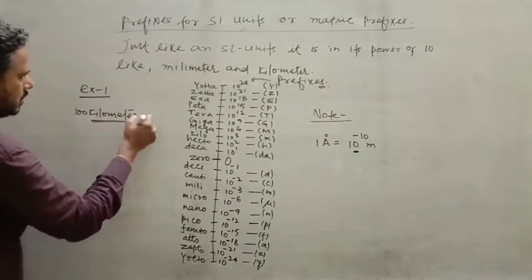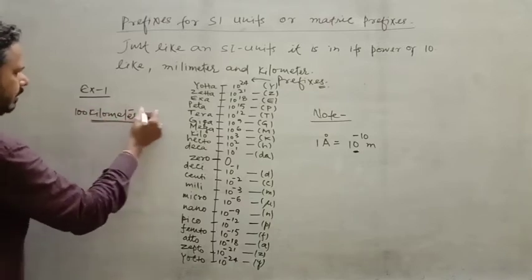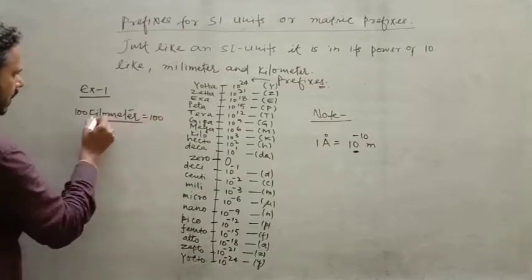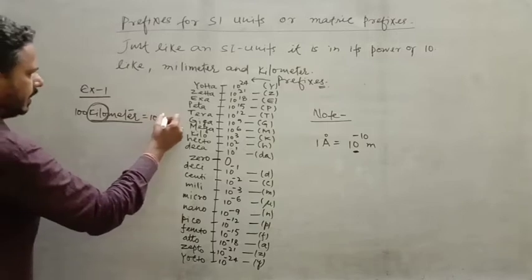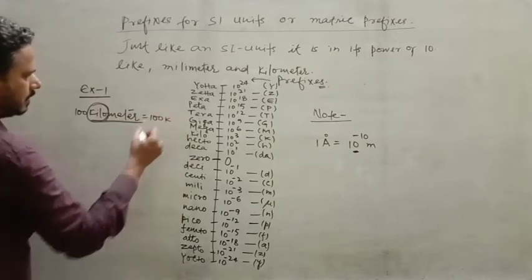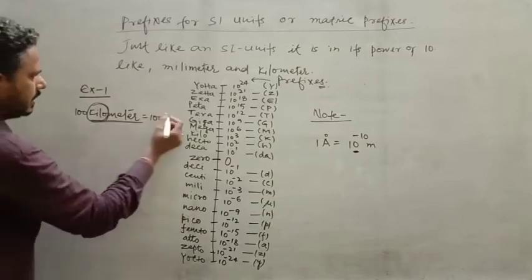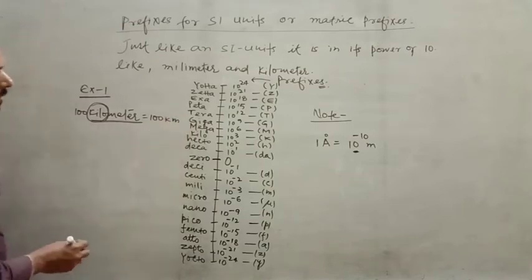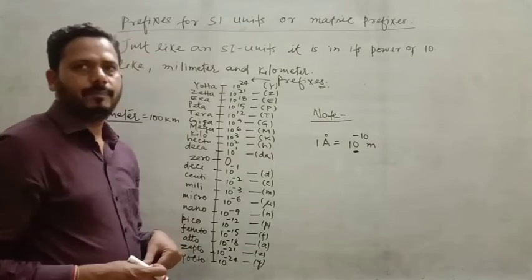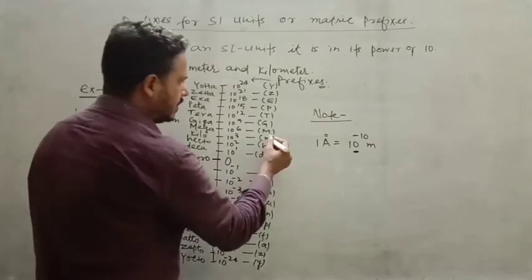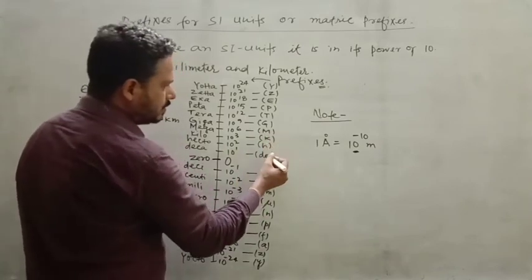So in short, how can you write it? 100 is there, and for kilo you can simply write k, and for meter m. So you are seeing here that for kilo, k is small.